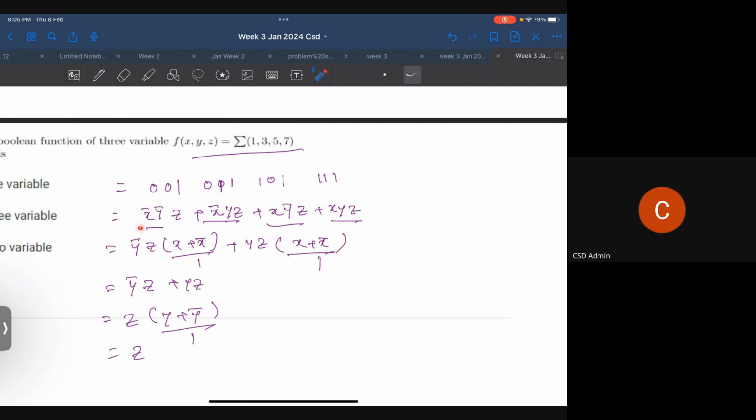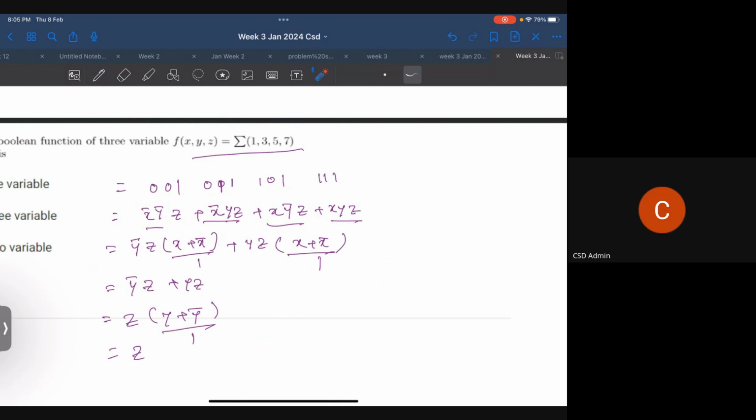You can take the first and third terms, y bar z and y bar z. But there's another catch: if we do not take the right terms to simplify, our expression could get jumbled up, isn't it?